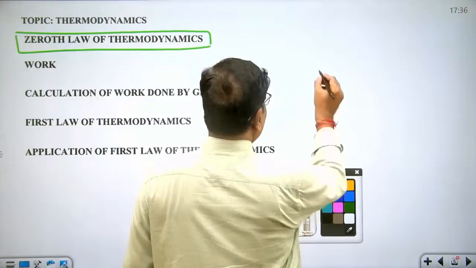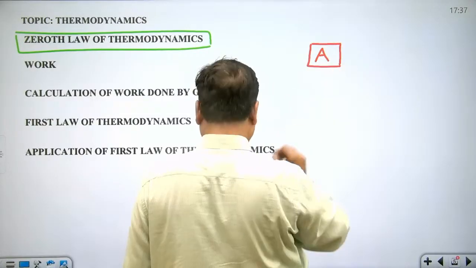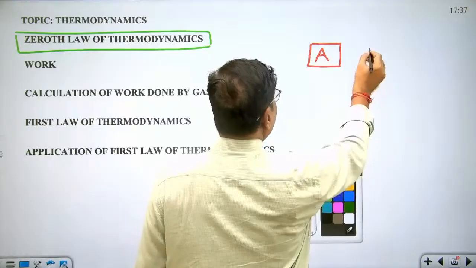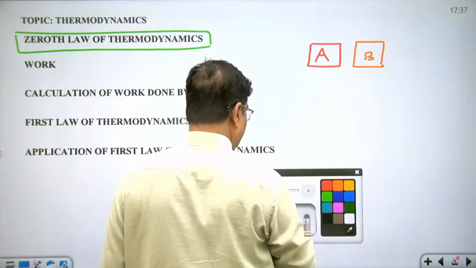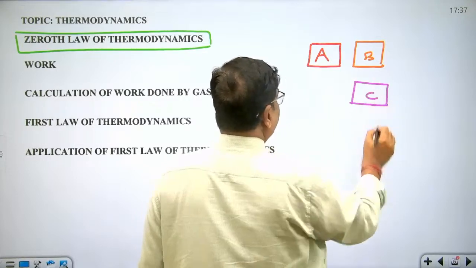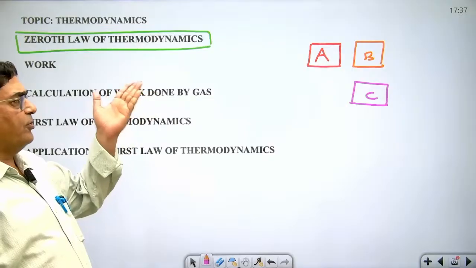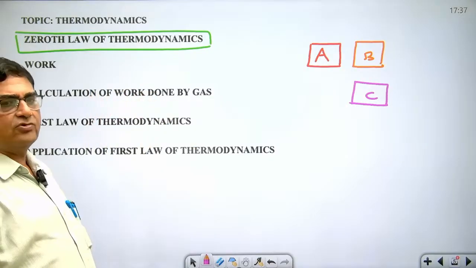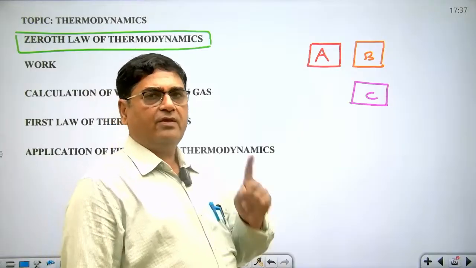If there are three bodies, if body A and body B are in thermal equilibrium and body B and body C are also in thermal equilibrium, then dear student, body A and body C will also be in thermal equilibrium. This is called the zeroth law of thermodynamics. Okay.